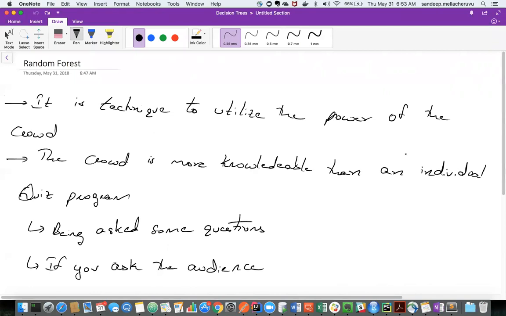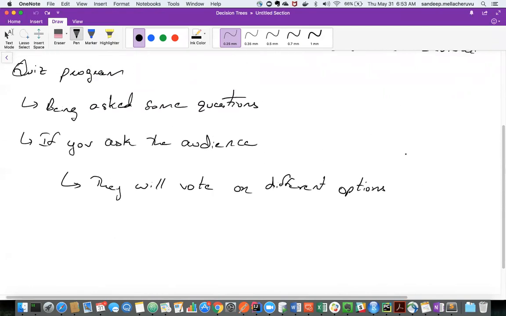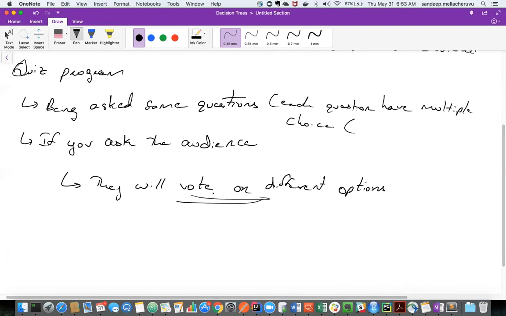Can you scroll down a little bit? Yes. Okay. So assume that each question has some options. This is a multiple choice question. If this is not there, the voting is not going to work very well.